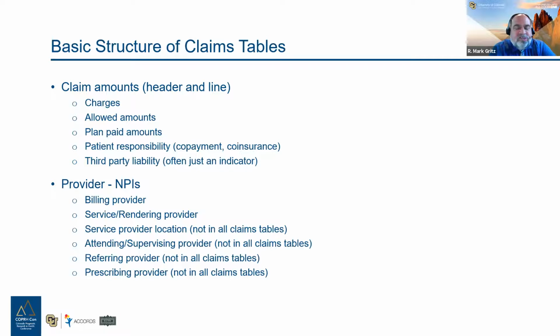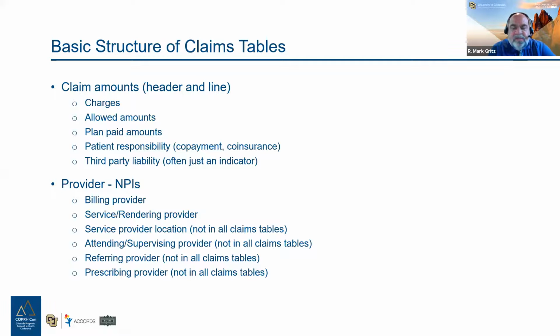And again, for professional claims, that's generally going to be an individual provider's NPI, so a physician's or other provider that is certified to bill that particular insurance plan. There are also often, in some of these tables, going to be a service provider location.